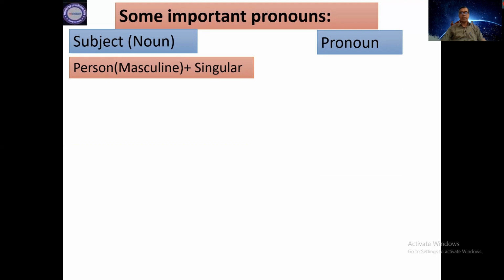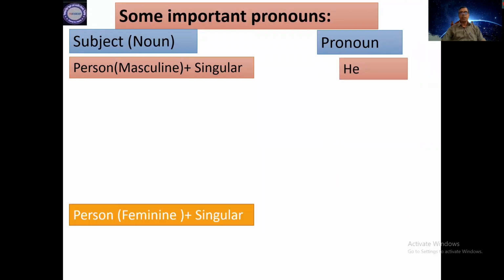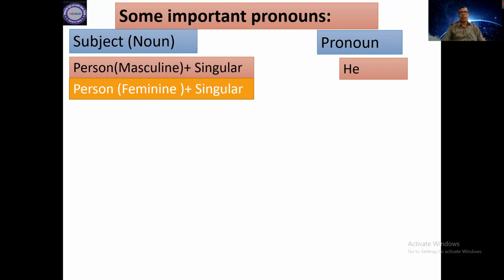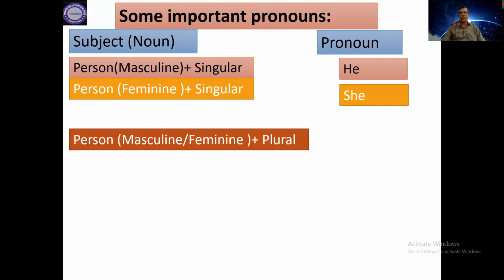Person, masculine gender, singular number, its pronoun is he. Person, feminine, singular, pronoun is she.